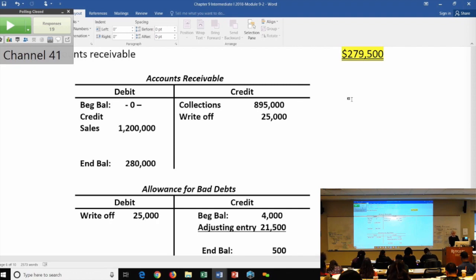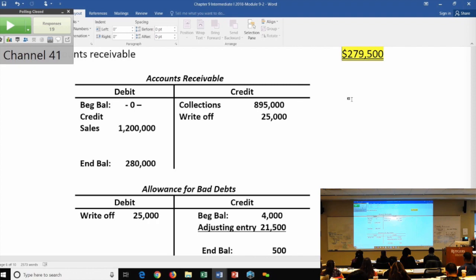The reason for it is that you've already provided for that loss, and when it occurs, it does not change anything. So you have no decrease in your total assets. So net realizable value, 279.5 before and after the write-off.